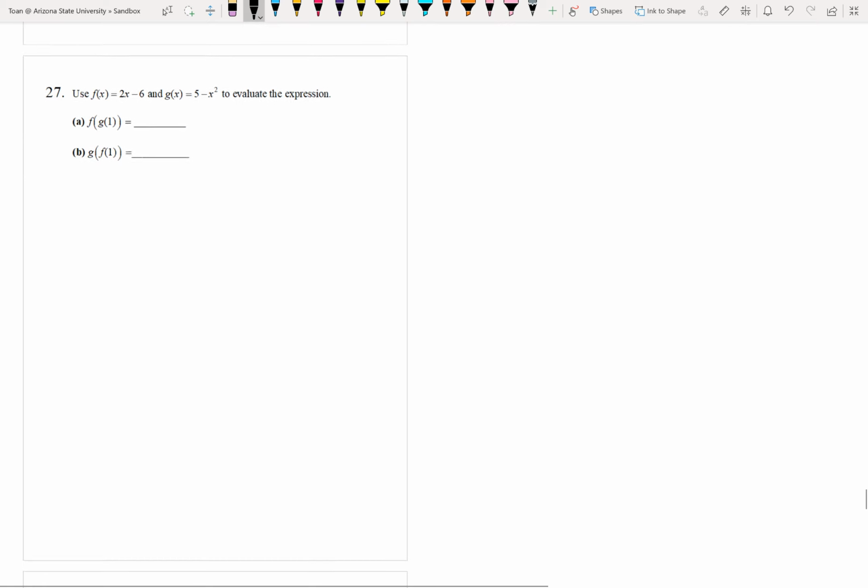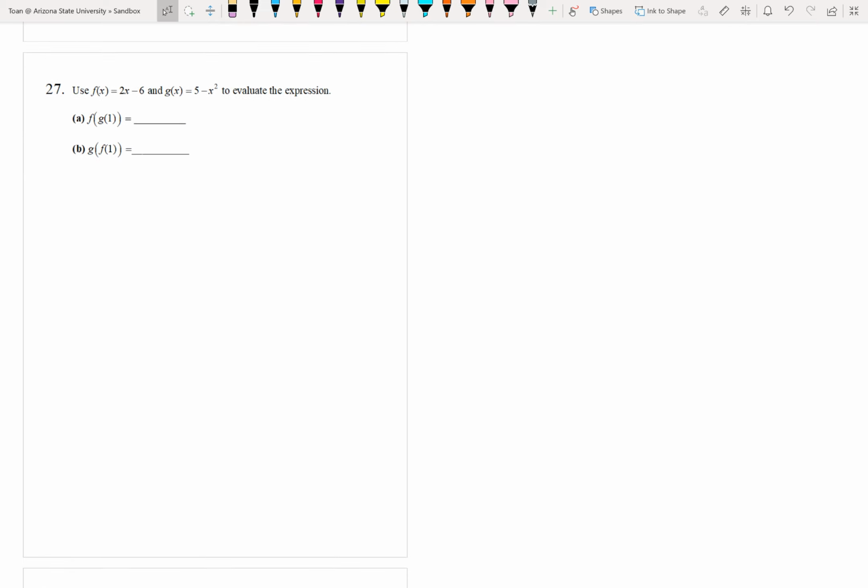Number 27 is a function composition. Basically, that's like nested functions: work inside out, just plugging stuff in. So letter A, f of g of 1. So g of 1 here is just asking you, whatever you see an x in the g function, change it to a 1. So let's do that first.